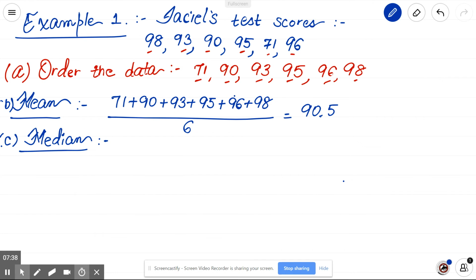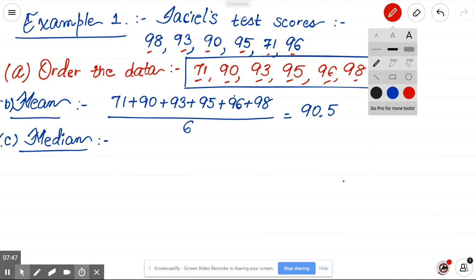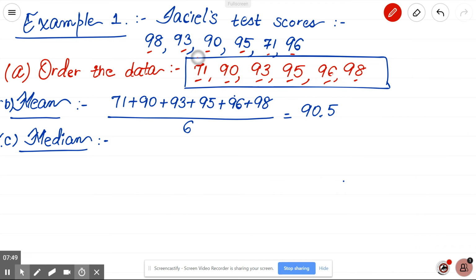So for median, students, once I have arranged my data set, this is my data set here, I will find the middle value in the data set. So where is the middle value? For middle value, it's a very good idea to start circling from this corner. I circle 1, 1, 2, 2, 3, 3.